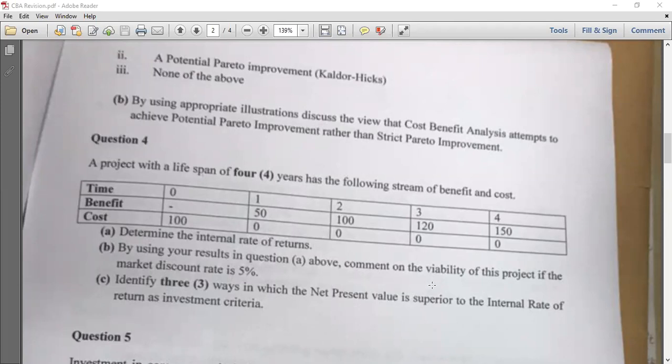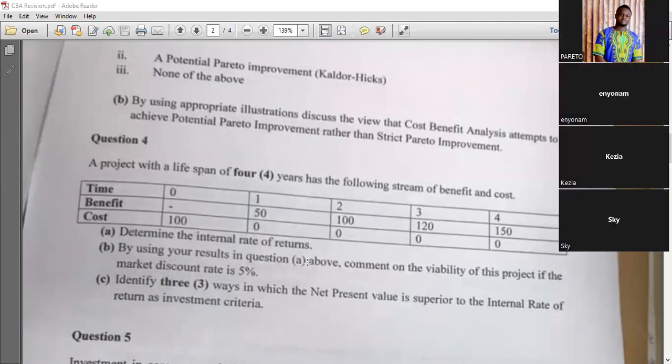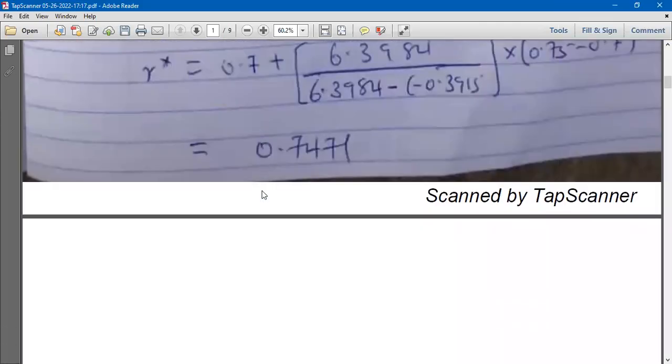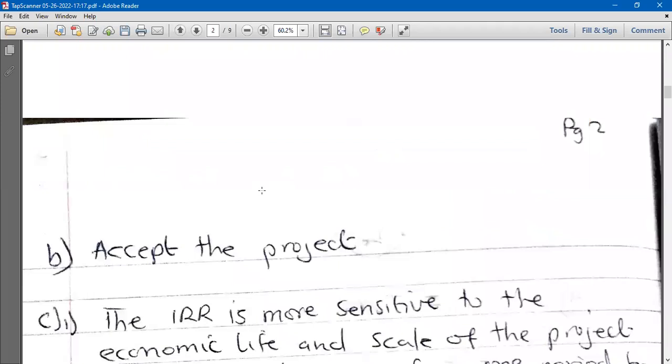Should we actually undertake the project or we shouldn't? All you have to do is get the decision rule. The decision rule is that if the IRR that you get, the R star, is greater than the market discount rate, then yes, the project is viable.